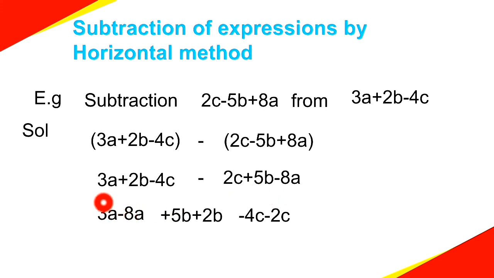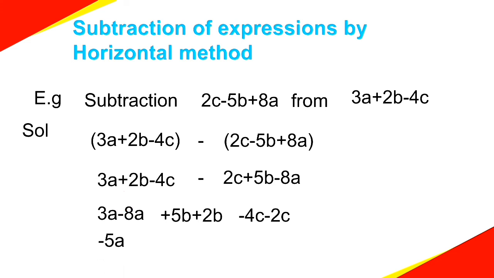Now here you can see 3a minus 8a. In these two, the variables are same but the constant terms differ. So 3 minus 8. Before solving this, in these two, what is the largest number? 8 is the largest number. So what is the symbol we have? Minus.